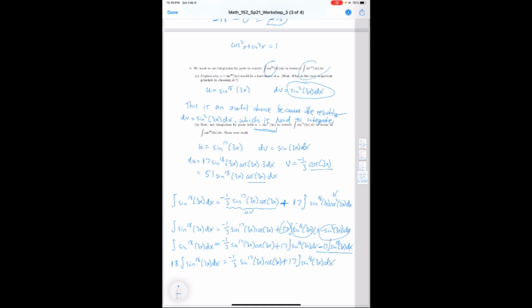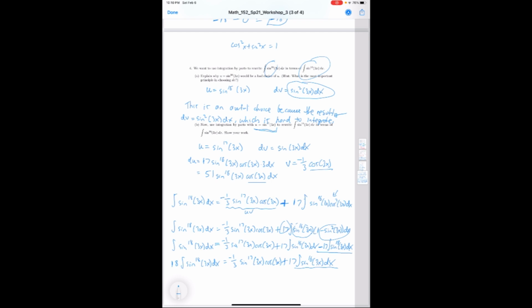Notice, by the way, that the question was to rewrite this in terms of the integral of sine to the 16th dx, which now appears. The only thing is that I have 18 copies of sine to the 18th 3x dx on the left side, and I'm asked what one copy of that is. Well, that's fairly easy to solve.